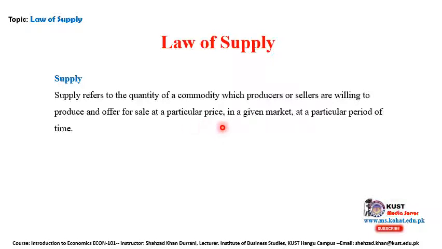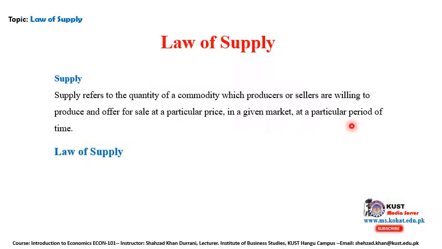One is a particular price: the supply that you are offering to the market must have a particular price. It must be offered to a specific market and at a particular time period. For example, it can be seasonal, or it can have different time periods.